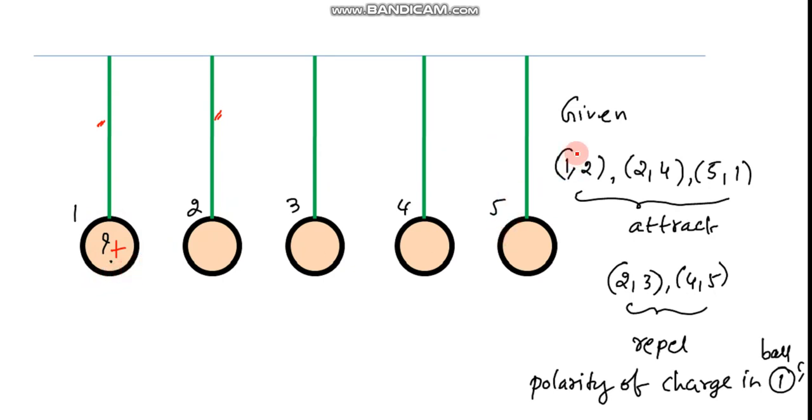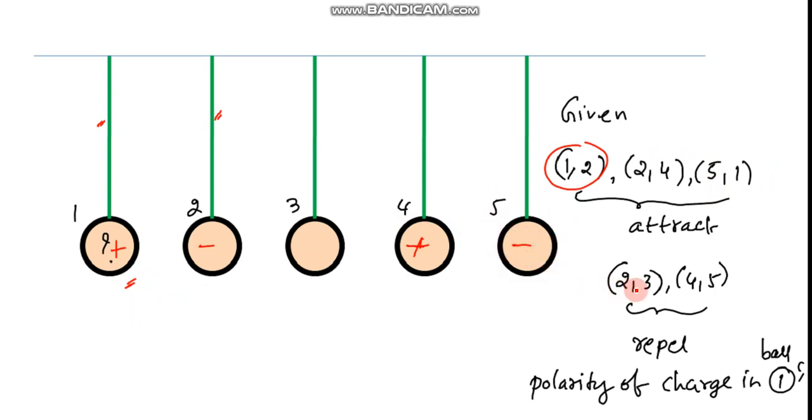Now 1 and 2 attract, that means the second body must be negative or it may be neutral. I will consider that as a negatively charged body. 2 and 4 attract, so if 2 is negative, then 4 must be positive, right? Then 5 and 1 must attract. I have taken 1 as positive, therefore 5 must be negative, right?